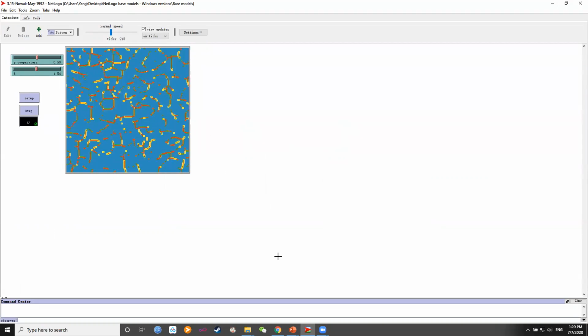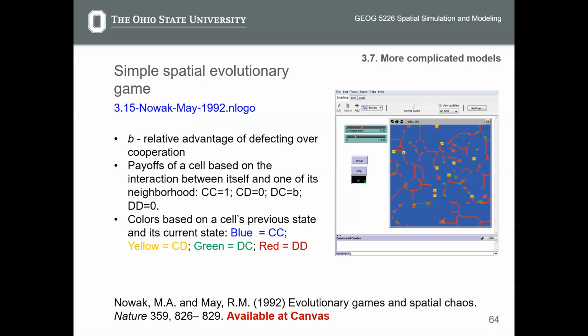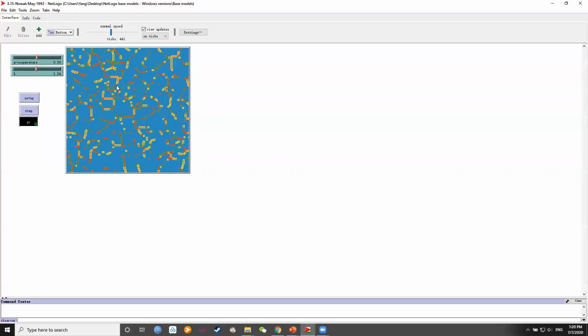It's best for the system because if the cell itself and also the neighbor are cooperating, they both get 1 reward. In total, for this pair, they get 2 for the reward. That's the best scenario for the system, right? So yes, that's the case here.